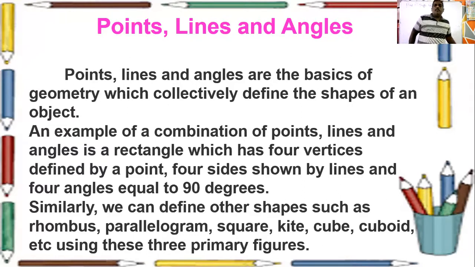Points, lines and angles are the basic concepts of geometry, which collectively define the shape of an object. For example, a combination of points, lines and angles is a rectangle, which has 4 vertices defined by points, 4 sides shown by lines, and 4 angles equal to 90 degrees. If you want to explain a rectangle, you must use the words line and angle.